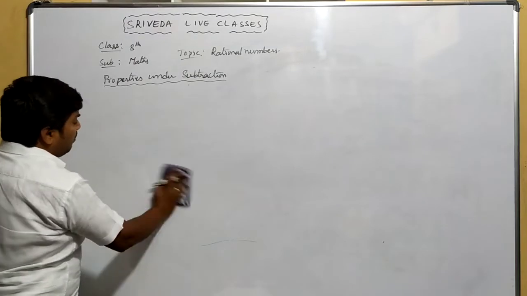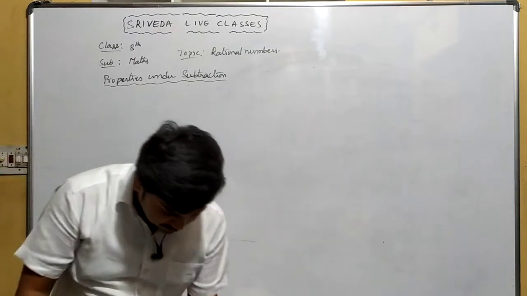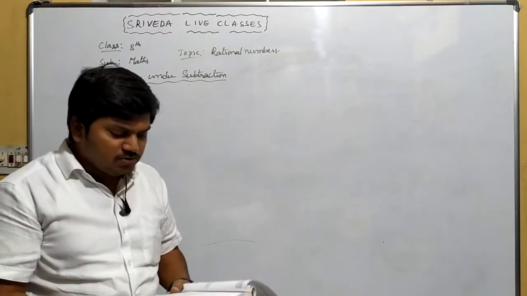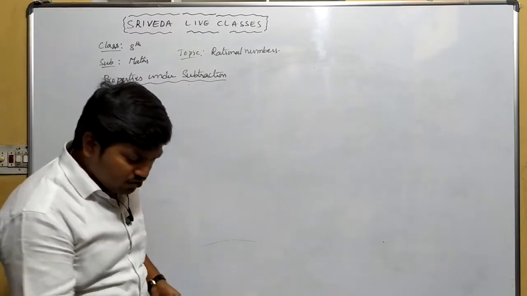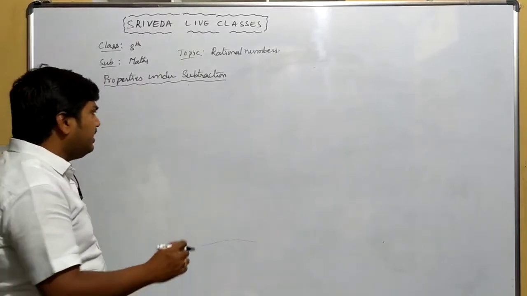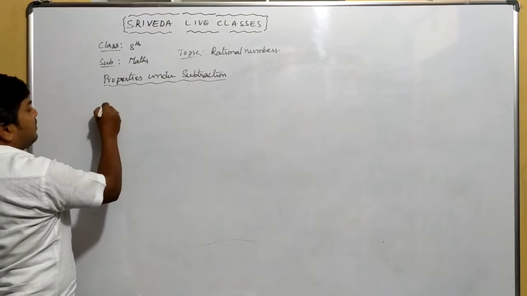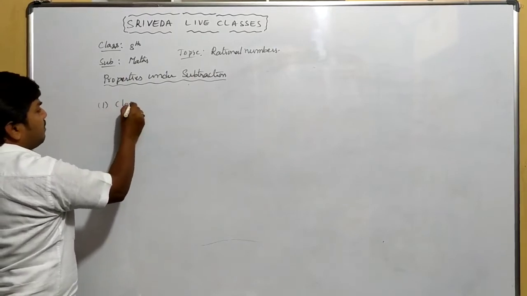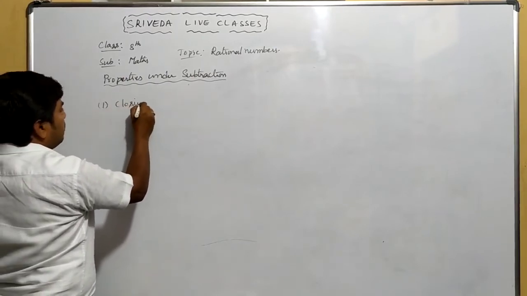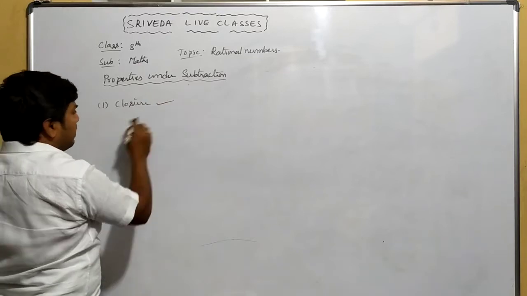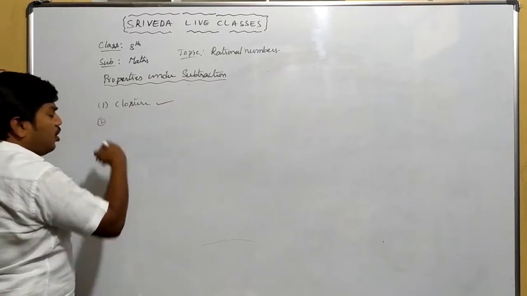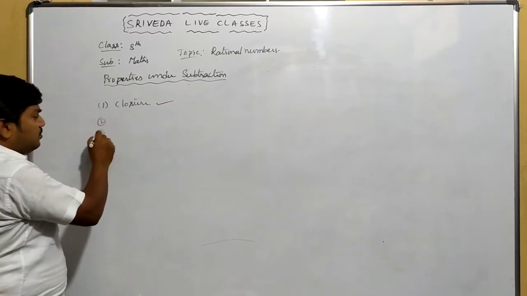So now we'll come to that. So far we learned what? Rational numbers satisfy, first one, the closure property under subtraction. But it is not commutative. It is not associative.